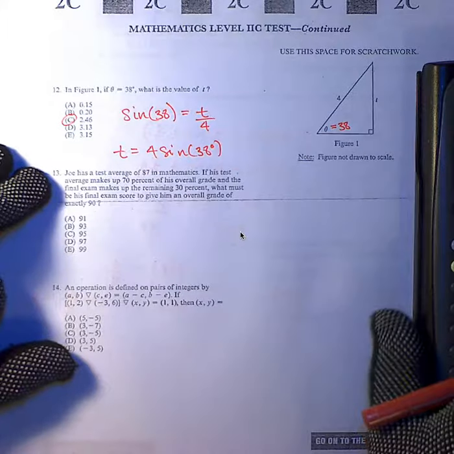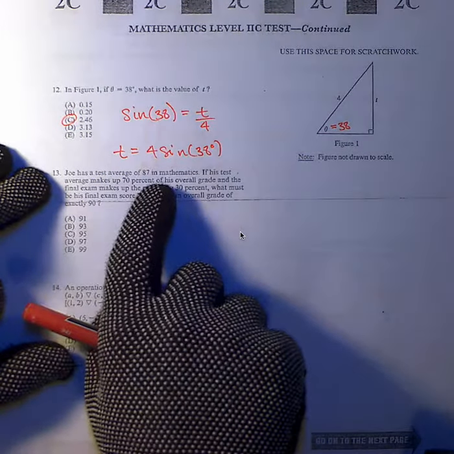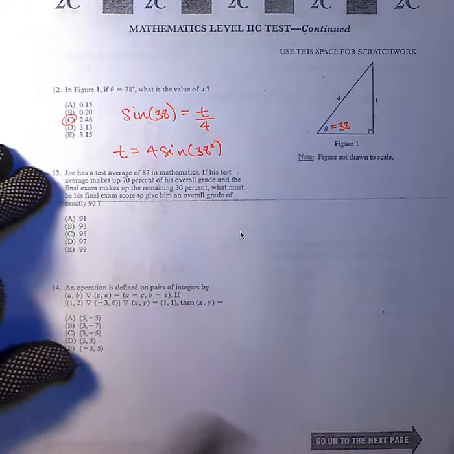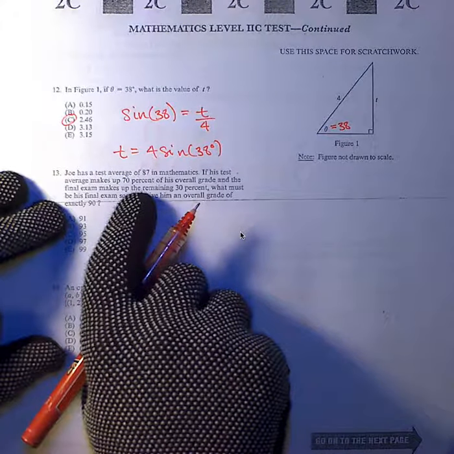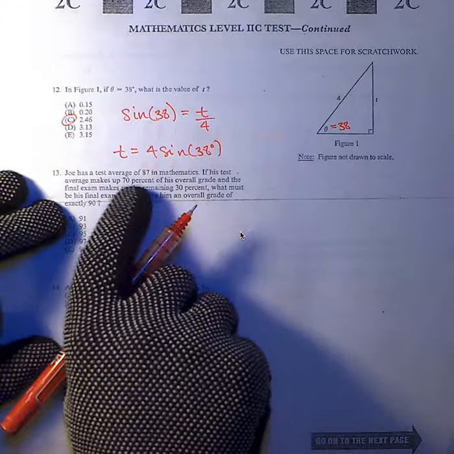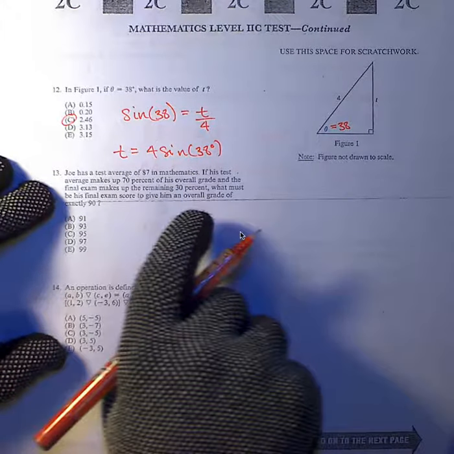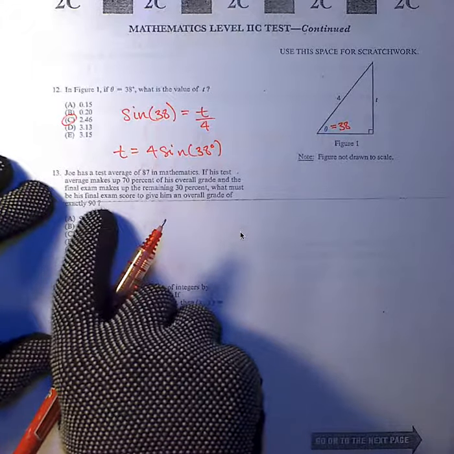There we are. Okay, now here it says Joe has a test average of 87. Well, okay, fine. You can read. We know that his overall grade is calculated by 70% of his test average and 30% of his final exam. And we want him to have 90 as his overall grade.